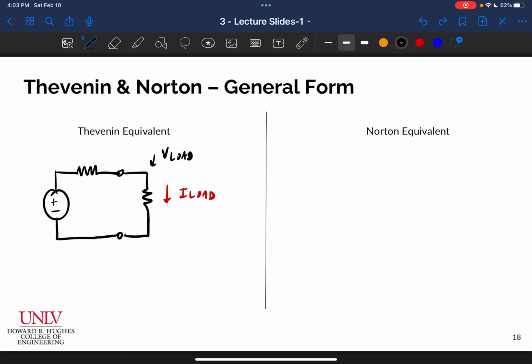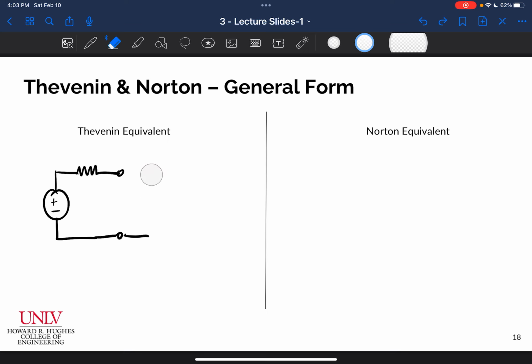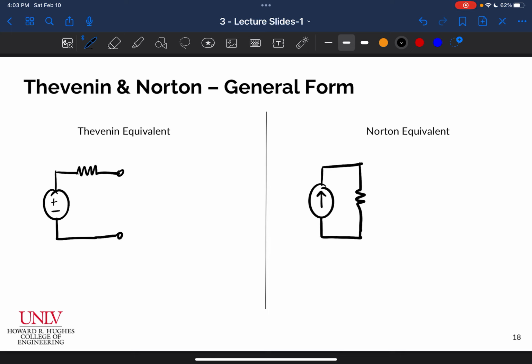Okay? So that is the Thevenin equivalent. It is a voltage source in series with a resistor. The Norton equivalent is the exact same principle, but it's a current source in parallel with a resistor. Okay? And then we would connect our load right here.